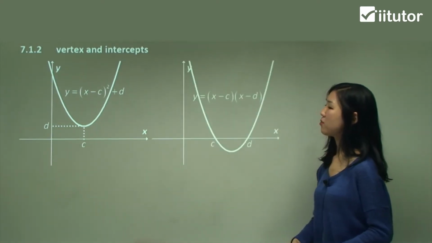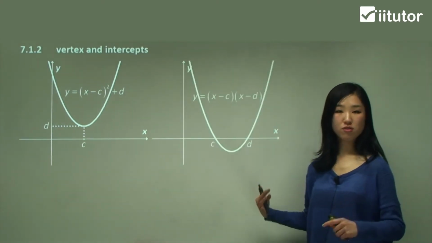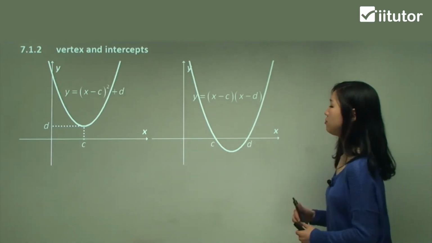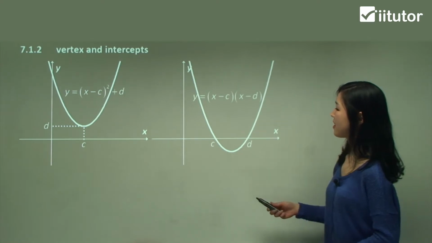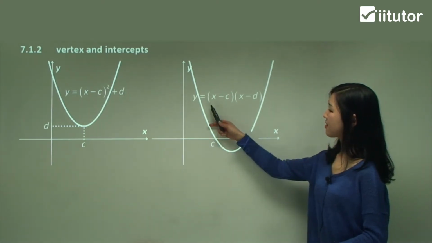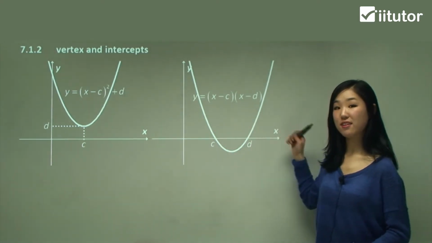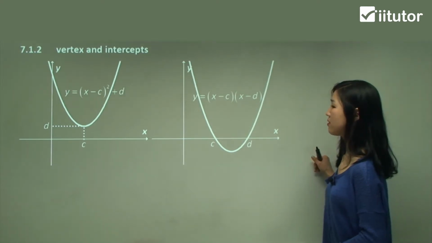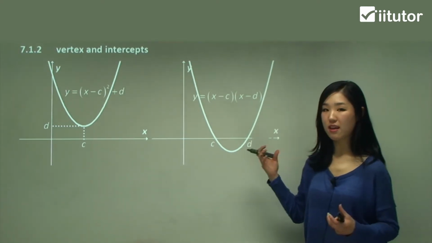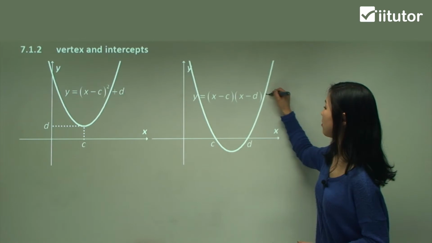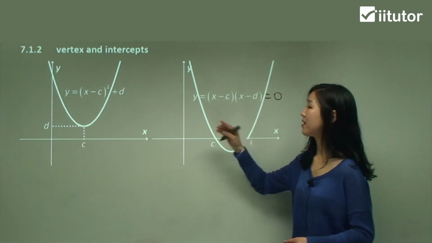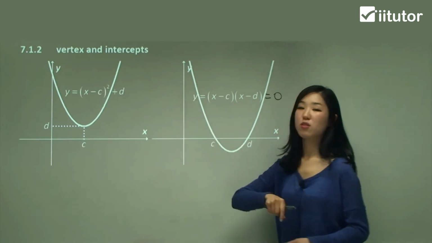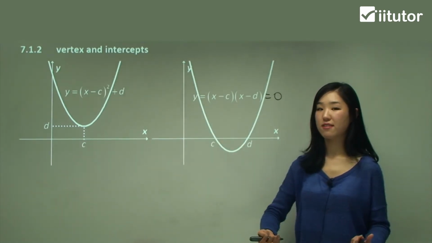Now the other one is when we go down and also shift. In this case you can see that we have (x minus c)(x minus d), so if I want to find the intercepts, I let y be 0 to find the x-intercepts.